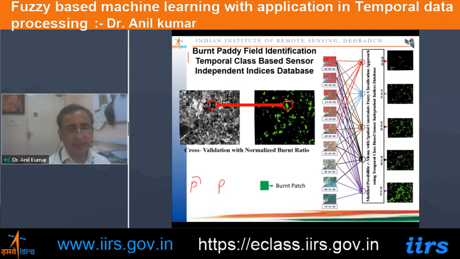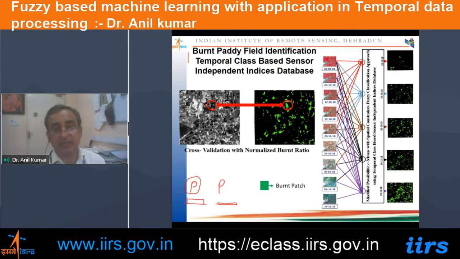In the pre-burning, the field has dry biomass of paddy, and in the post-burning, it is a burned field. So just 2 dates of data. Now we are applying the NDVI, and then we can take the NDVI temporal data into the classifier, which is capable of mapping a single class, and we can get the burned paddy fields.